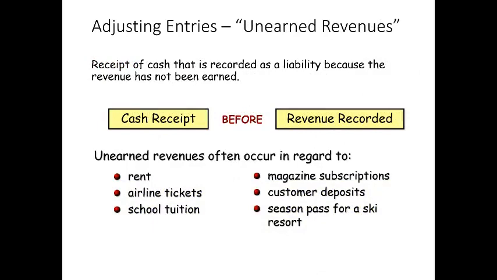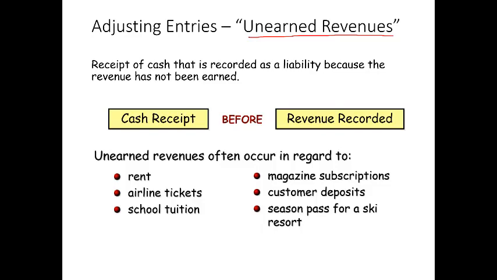The next one is unearned revenues. Unearned revenues are where we receive cash that's been recorded as a liability, and recorded as a liability because we have not yet earned the revenue associated with that cash. So someone else is prepaying us, right? We're a magazine company.